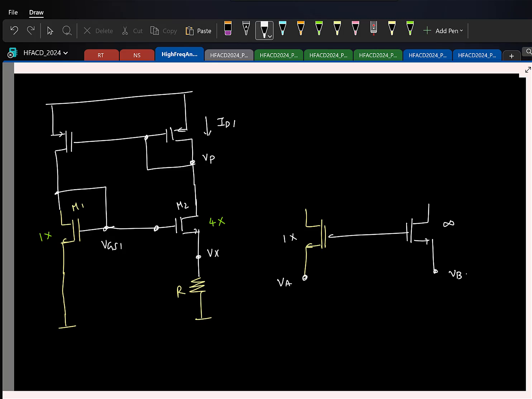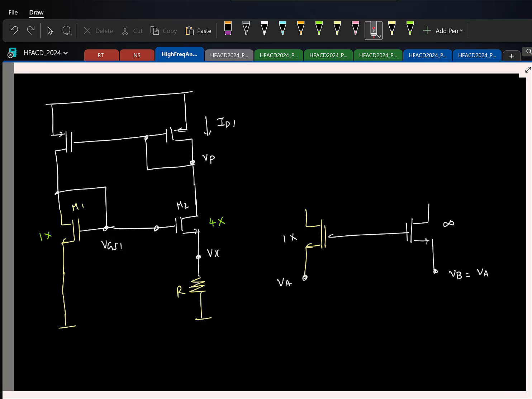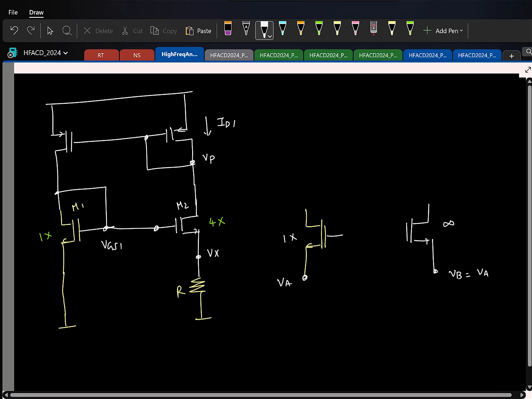This VB must be equal to VA. But if I do that, what can you say about the currents here? Will they be equal? Look at the widths here, right? So basically I don't want to do this, so I'll keep it separate. We'll see what we'll do.